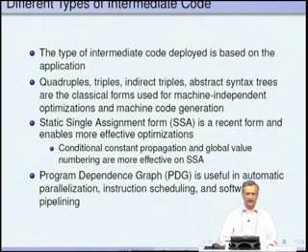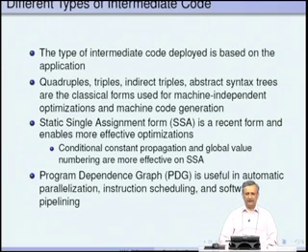We are going to look at the details of SSA in one of the later lectures. For example, conditional constant propagation and what is known as global value numbering are two optimizations which are far more effective on the SSA form than on any other form.